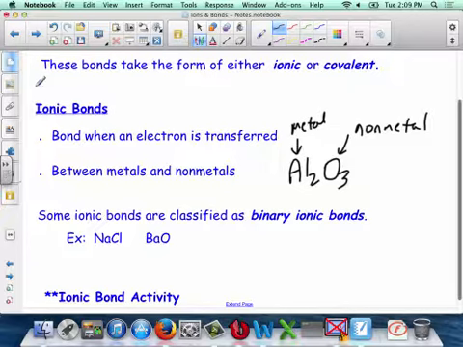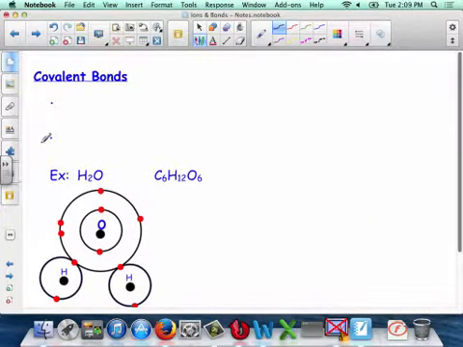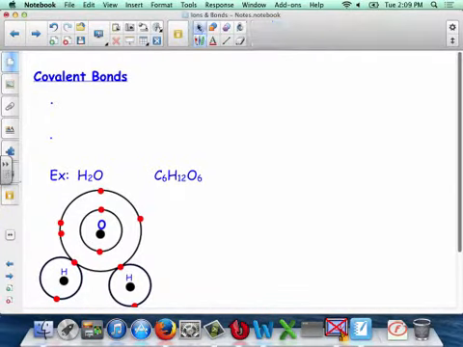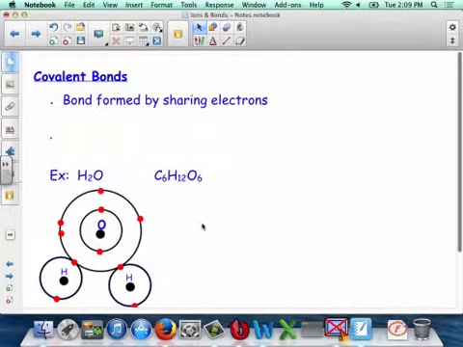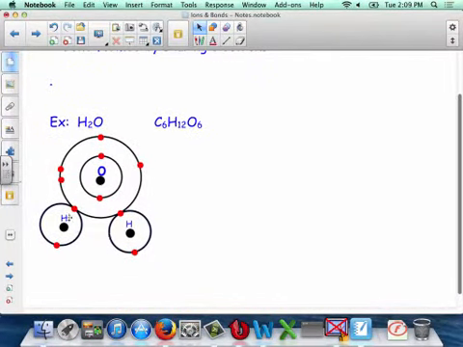So last thing is a covalent bond. With a covalent bond, we're no longer transferring the electron, it's being shared. So the covalent bond is a shared bond. We're sharing that electron. We can see that in our little upside down Mickey Mouse here with water.